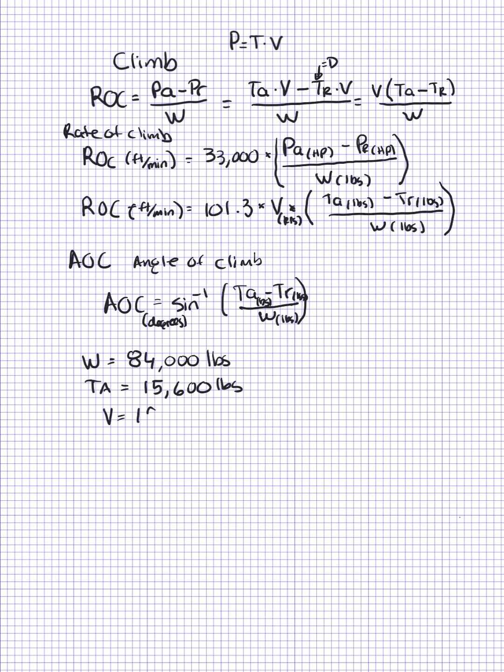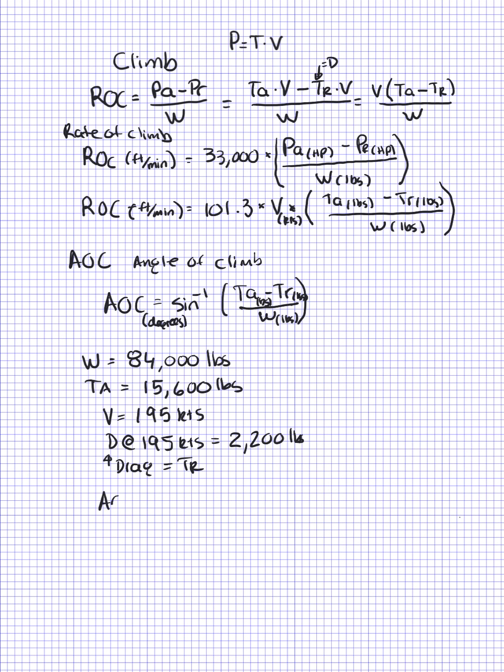Velocity is 195 knots and drag at 195 knots is 2,200 pounds. Remember that drag is the same as thrust required. So we want to find the angle of climb and rate of climb.